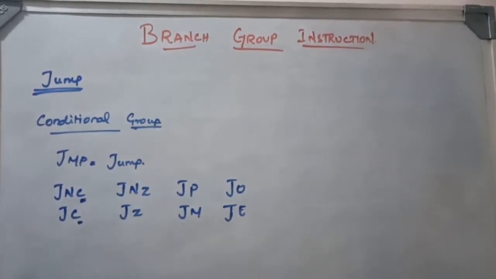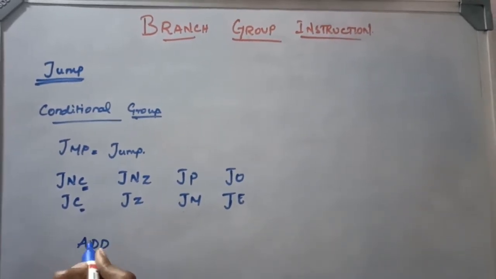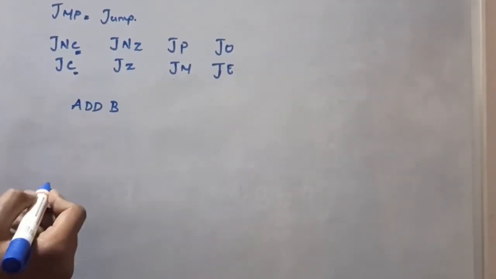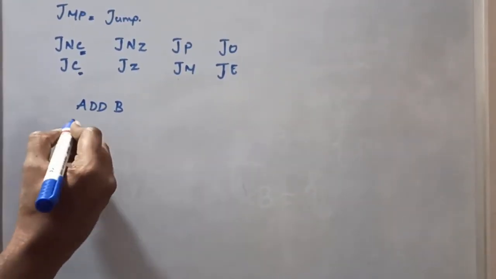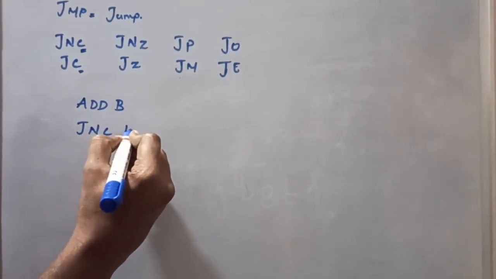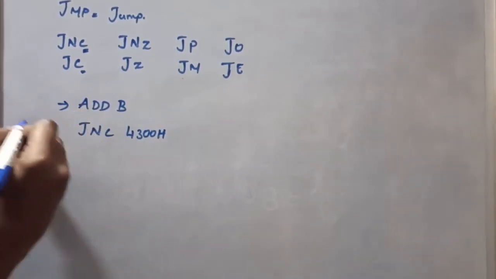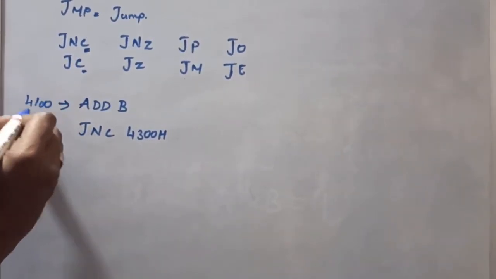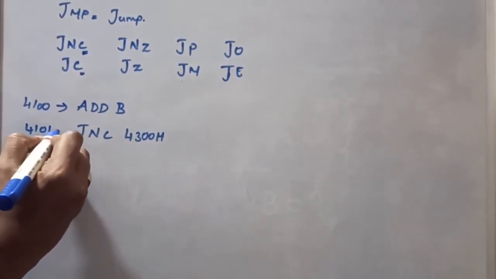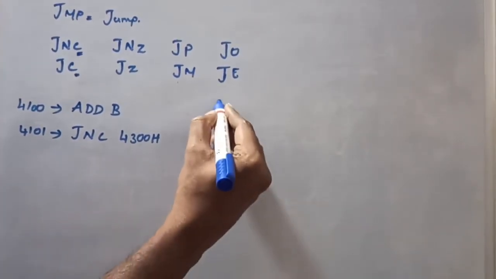Now we will check one example: ADD B. Add the two register contents A and B. The next instruction is JNC 4300H. The program counter value at 4100 is ADD B, and at 4101 is JNC 4300H.